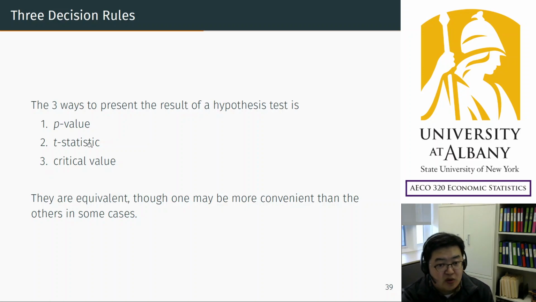You know what the first two are, but the critical value is a little bit different, so we will discuss how they are related. But in the end, they are actually equivalent, just different ways of making the decision. In some cases one is more convenient, in other cases another is more convenient, and in some cases you may need to use a specific one.